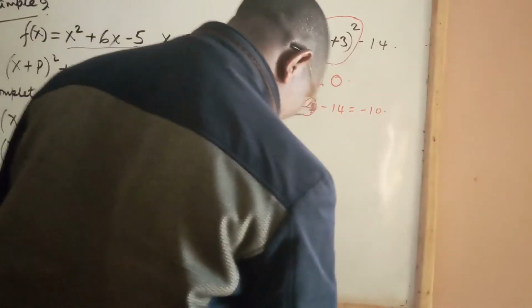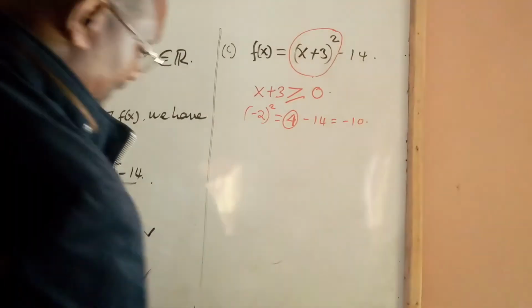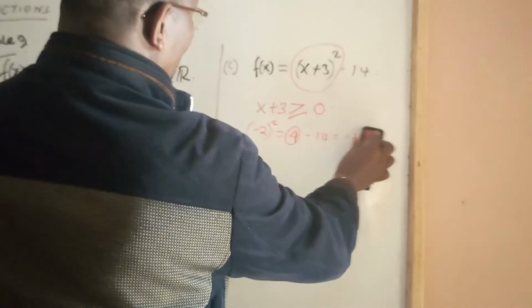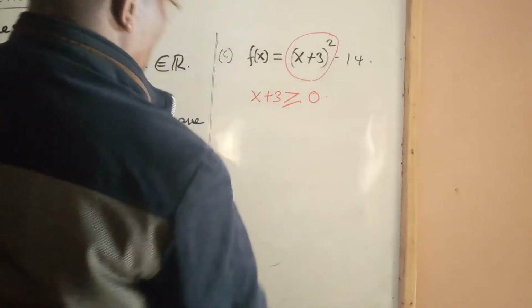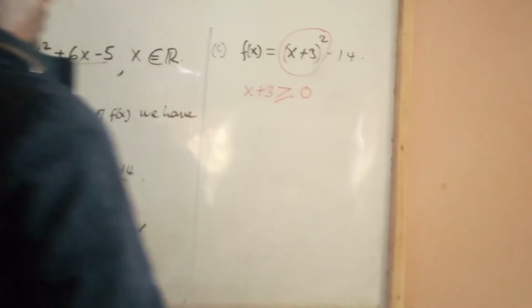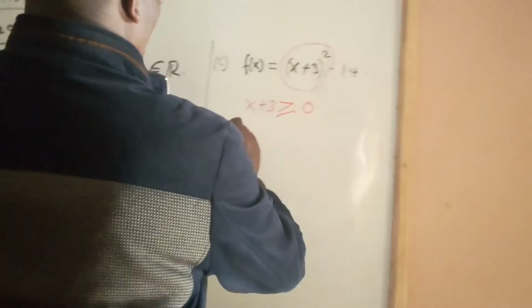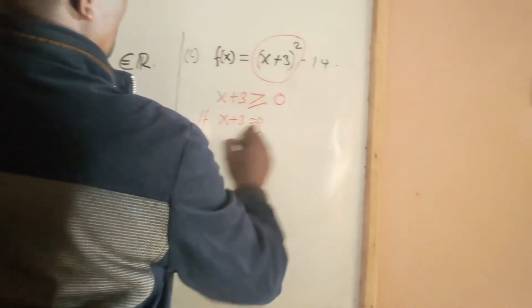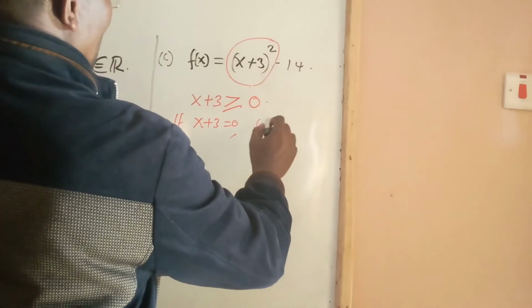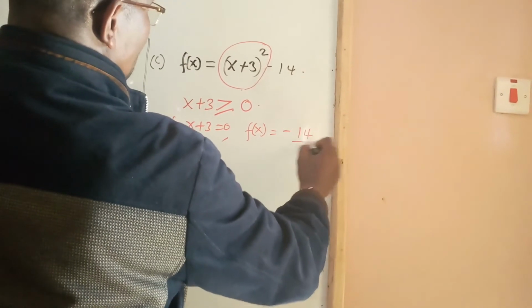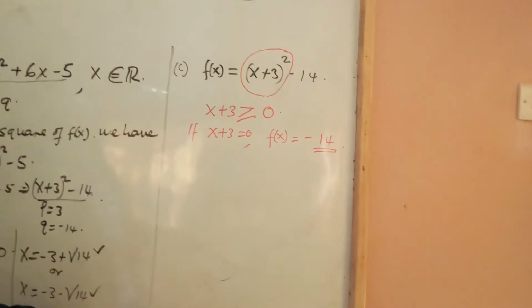That explains that this particular bracket, the least value it can afford to be is simply 0. Assuming it is 0, because it can, if x plus 3 is 0, then the least value of f(x) is 0 minus 14, which is negative 14.